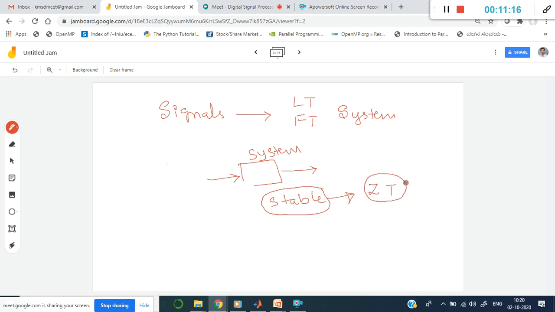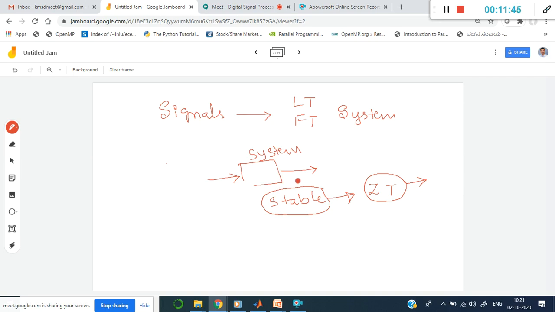So to analyze the stability of a given system, or even whether a signal is going to be stable or not, one beautiful example for understanding this is, civil engineers build a hanging bridge, right? The bridge is a system now. What is the input for the bridge?